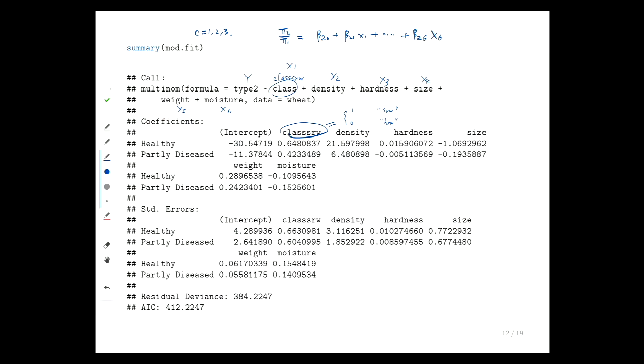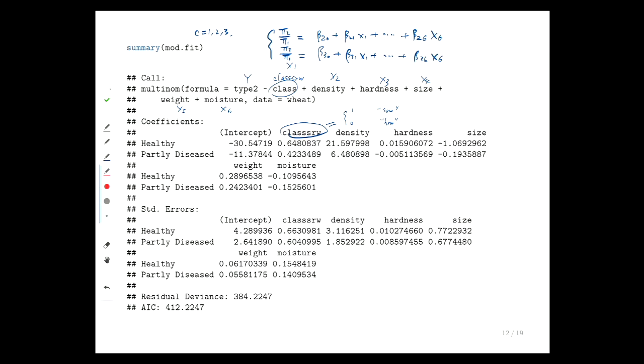So that's our first equation. And the second equation is pi3 divided by pi1, and that equals beta 3,0 plus beta 3,1 x1 and so on and so forth plus beta 3,6 x6. So we are going to have 2 equations to describe this model. That's the difficult part for this multi-category response model.